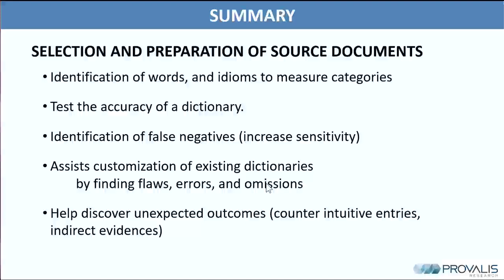It also helps you increase the sensitivity by allowing you to identify false negatives. It may also be used to customize an existing dictionary to a specific context of application by finding flaws, errors, and omissions. But it also will help you discover unexpected outcomes, things that would be counterintuitive or things that would be indirect evidence of what you're looking for, not necessarily direct but indirect evidence.